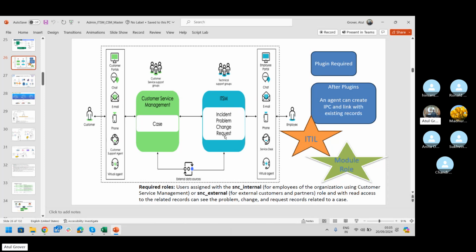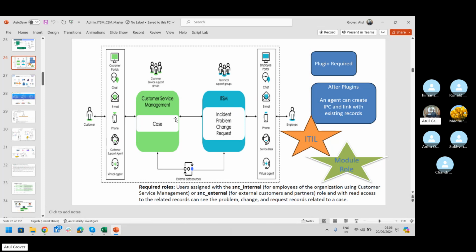But for the request, ServiceNow provides a different plugin. What this means is that if we activate these 2 plugins, one for these 3 and one for request, then I as an agent, I'm not saying I'm a service desk person here, can link incident, problem, and change or request with my case.